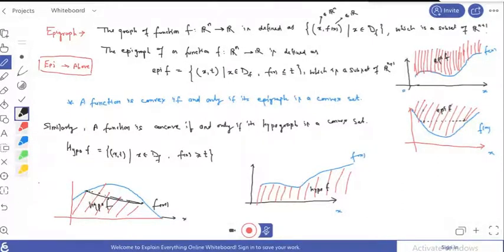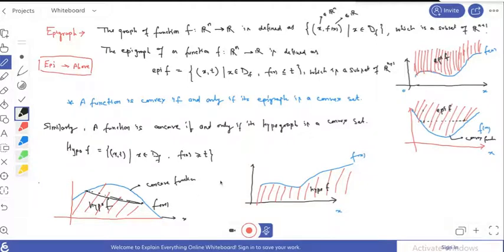If this hypograph is a convex set, then this curve is your concave function f(x). Okay, and if the epigraph is a convex set, then this function is a convex function. So depending on the epigraph and hypograph, if these sets are convex sets, then we can easily define that the function is a convex function or concave function respectively.